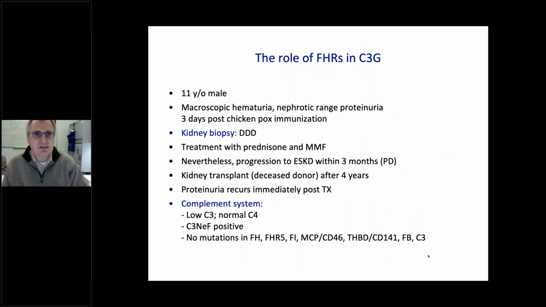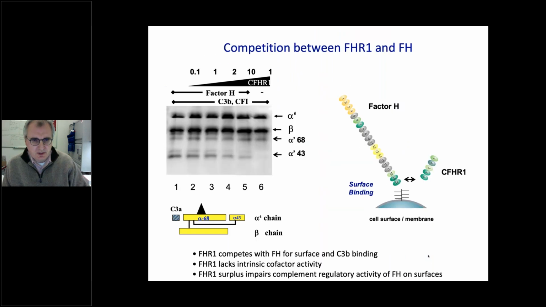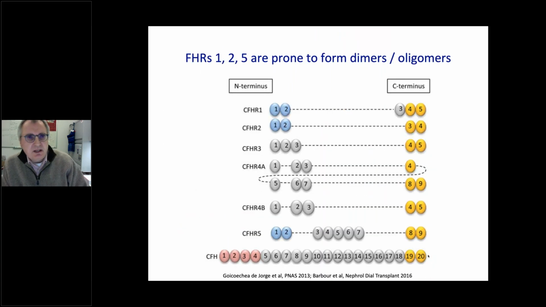I might skip these few slides here for time and come to this here. So we have spoken about factor H. We have spoken about autoimmune causes, antibodies causing C3 convertase dysregulation, and we have spoken about mutations.